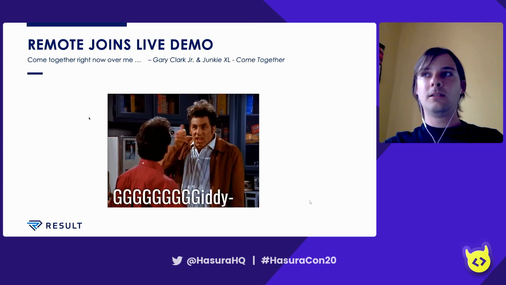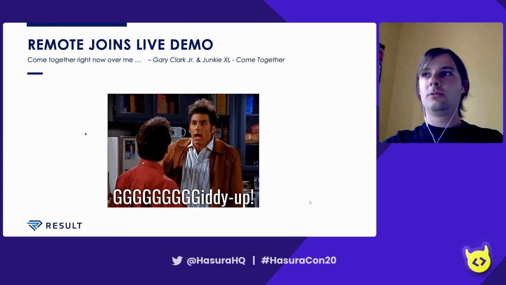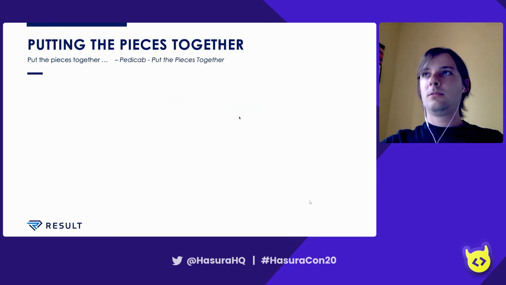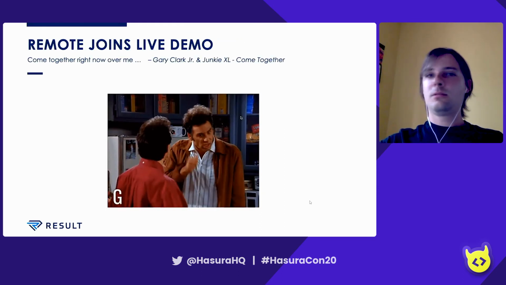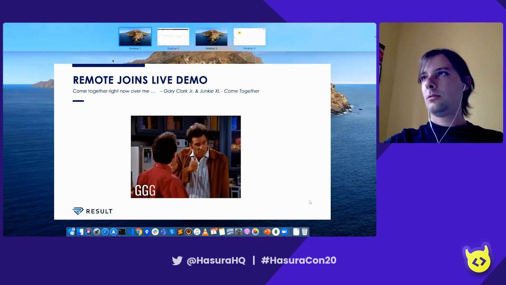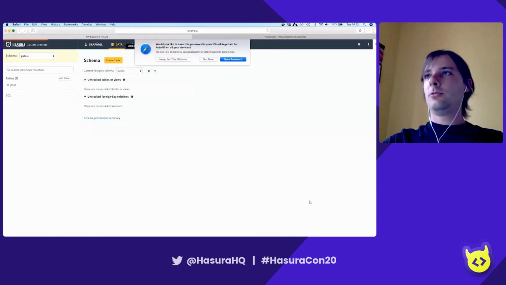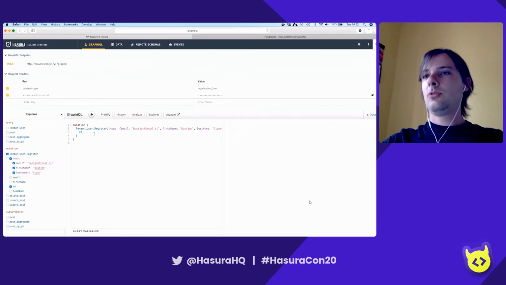And let's see the live demo of this right now. Okay, so remember the user we registered earlier, so let's register another one because I've just lost his ID and I'm not going to bother with it.